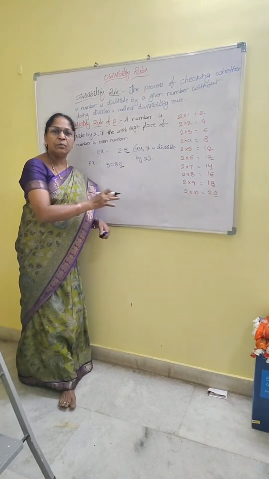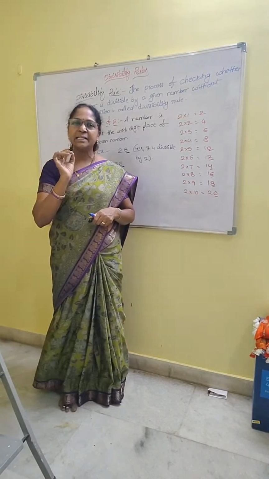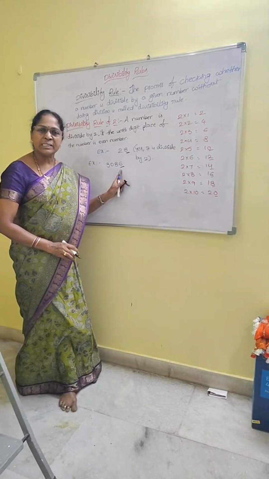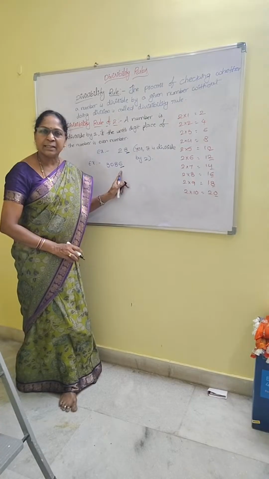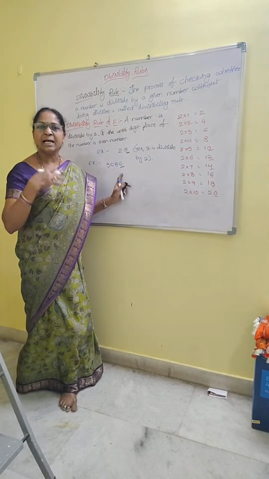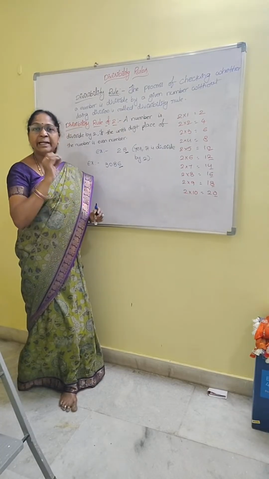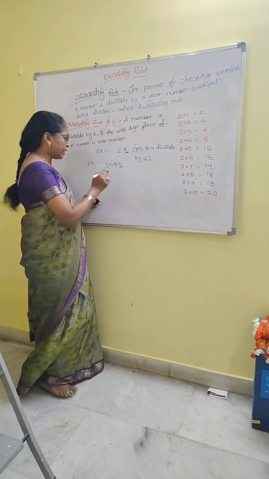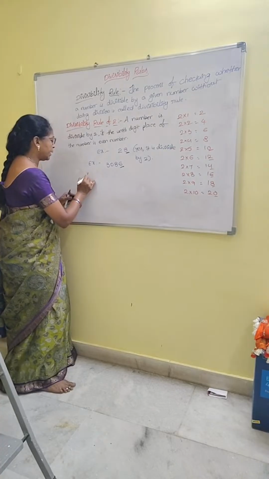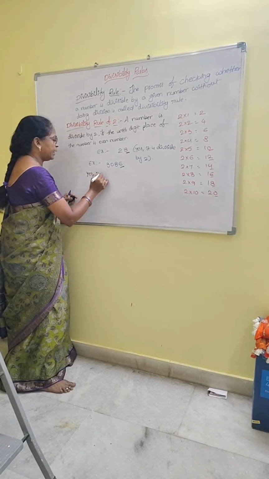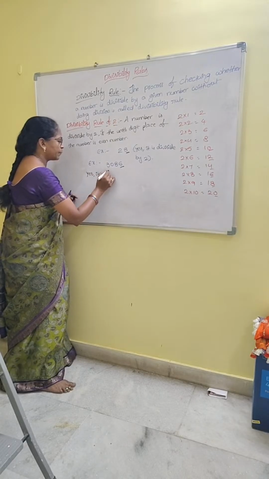You just have to observe the unit digits place of the number. In this given number, 6 is the unit digits place, and 6 is an even number. So immediately you can say yes, it is divisible by 2.